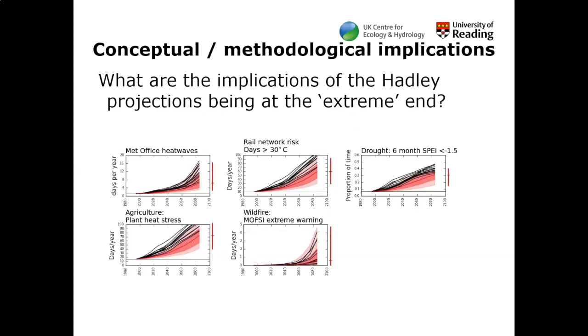Second thing that is worth thinking about is the difference between the Hadley Centre projections and the probabilistic range. The Hadley Centre range projections are at the top end, particularly for heat-related indicators, less so for the water-related indicators, especially high flows, but it varies from indicator to indicator.